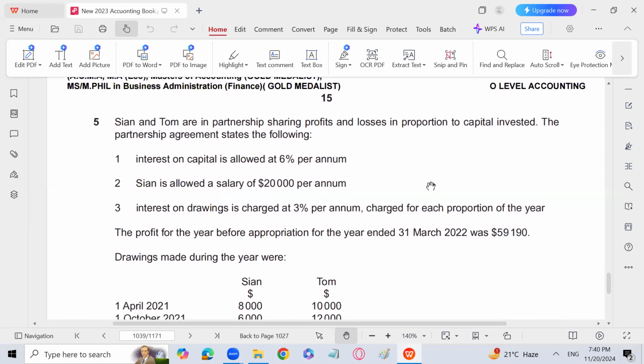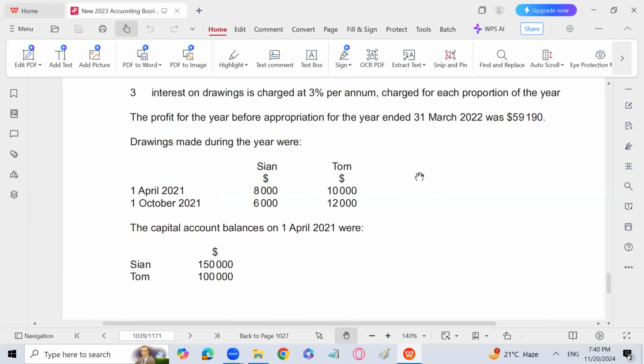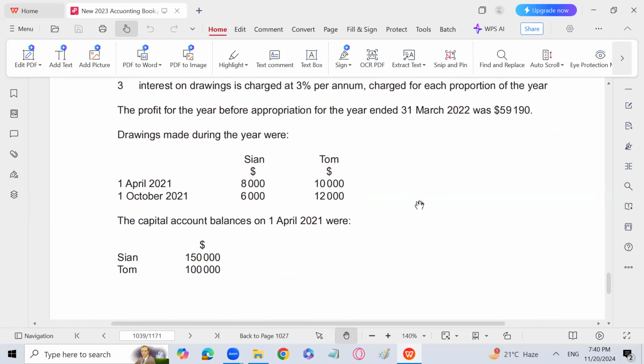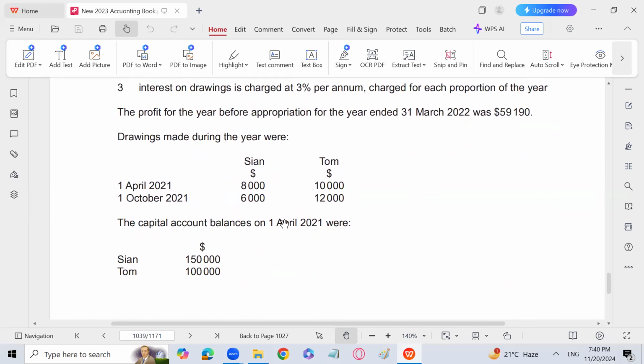It means कि जो उनकी the profit and loss sharing ratio will be in their capital balance amounts, according to their capital balance amounts. Means capital ratio. Let's calculate the capital ratio. That is 15:10, or you might consider it 3:2, right?